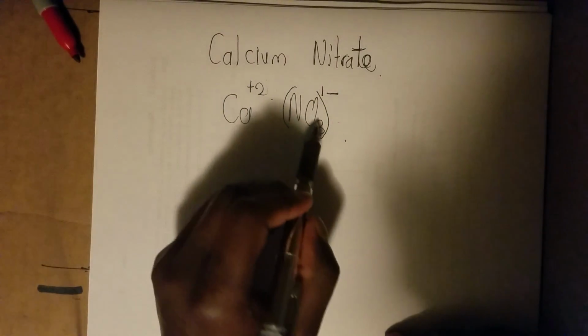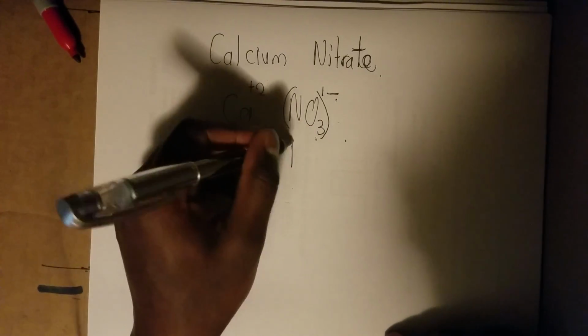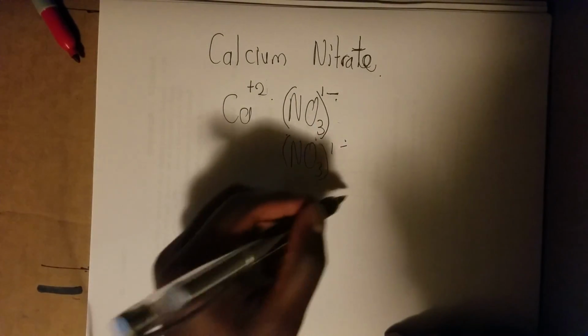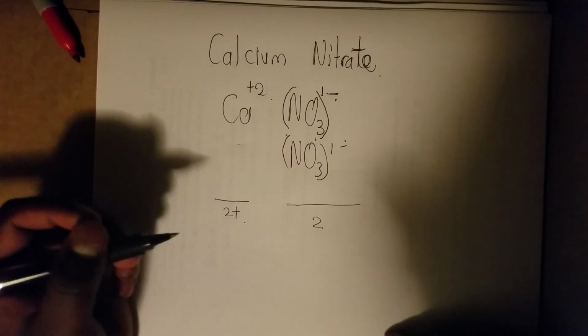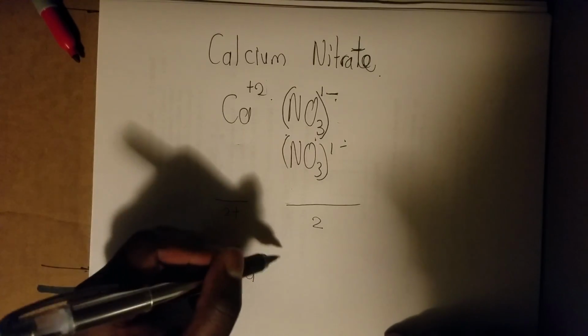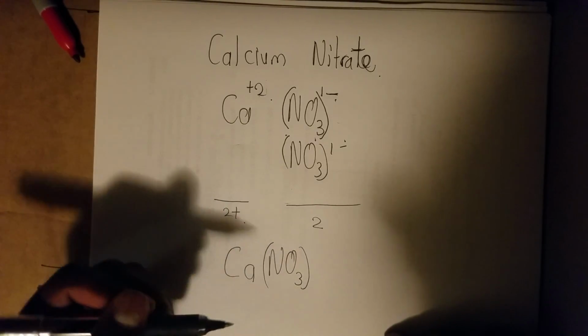So you have one NO3 with a -1 charge. If calcium has 2, then you have to have another NO3 negative charge. And then 1 and 1 will give you 2, and that would balance the calcium 2+. So in the end, you write calcium, NO3 in brackets, and then you write 2.